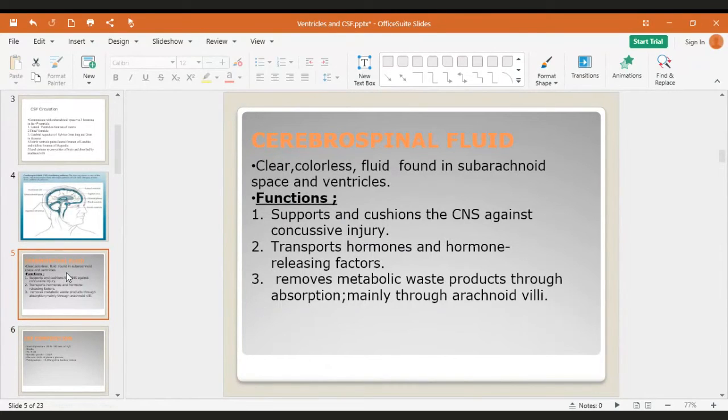Cerebrospinal fluid is a clear, colorless fluid that is found in the subarachnoid spaces and ventricles. The functions of cerebrospinal fluid are to support and cushion the CNS against concussive injuries, transport hormones and hormone-releasing factors, and remove metabolic waste products through absorption, mainly through arachnoid villi.